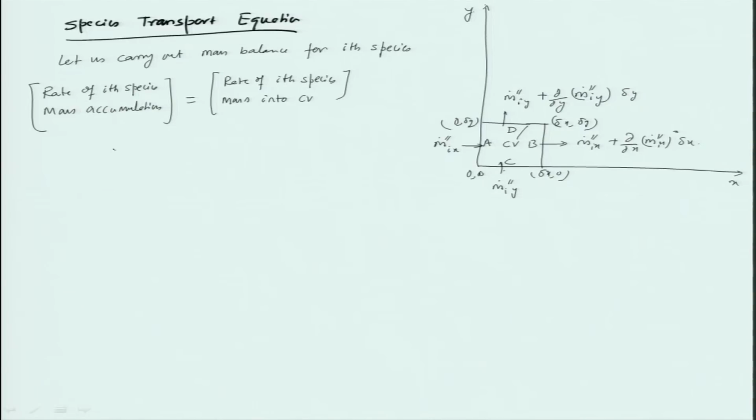minus the rate of ith species mass out of the CV, plus production and destruction of ith species mass in the control volume.